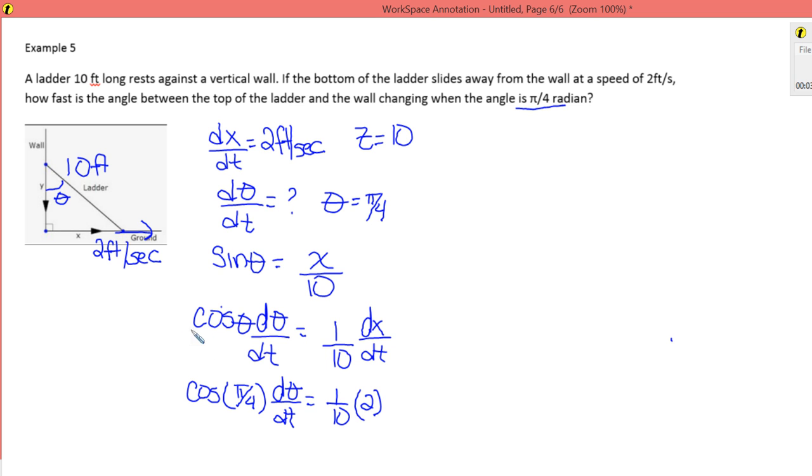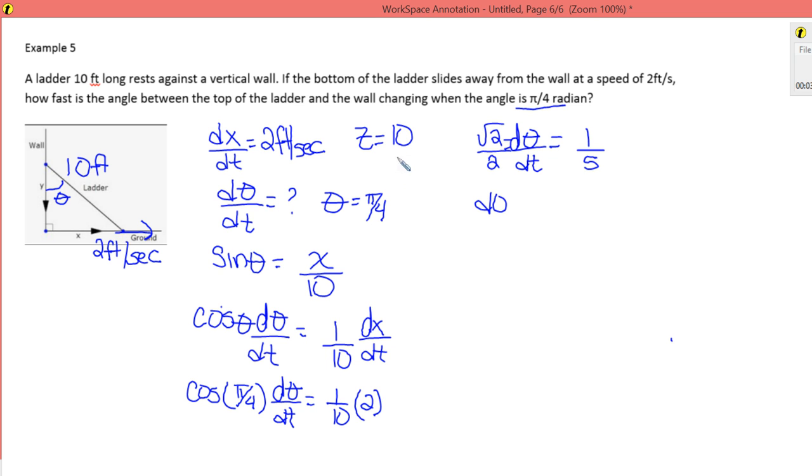What is the cosine of pi over 4? That's radical 2 over 2. So radical 2 over 2 times d theta dt is equal to 1/10 times 2, which is 1/5.